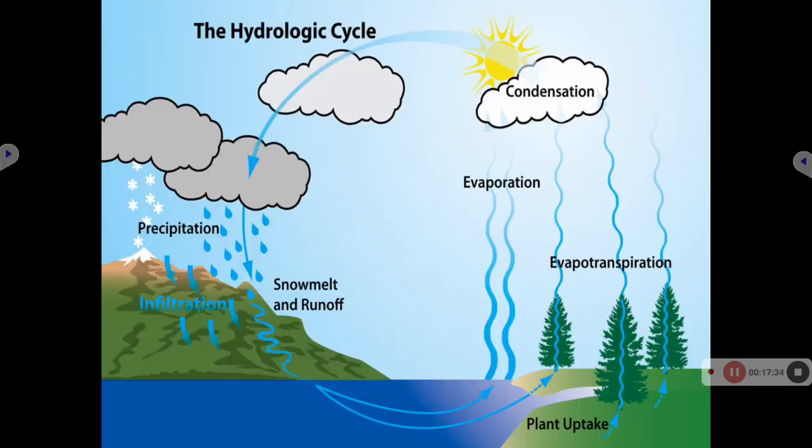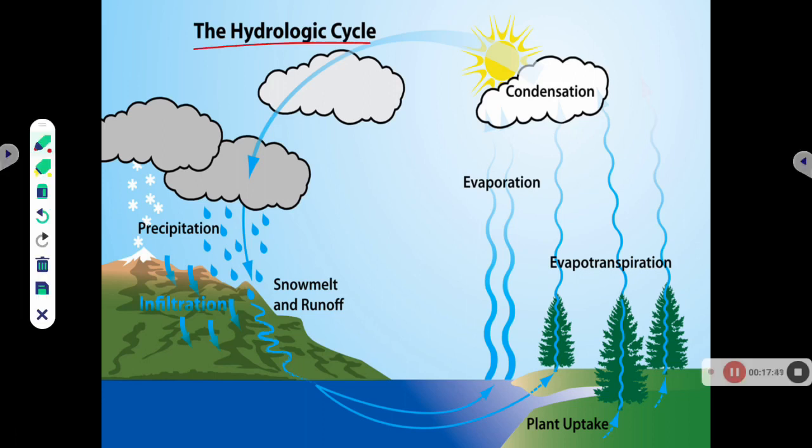Here I show the hydraulic cycle. The hydraulic cycle is nothing but the water cycle. In the cloud, condensation and precipitation occur. This precipitated rainwater reaches the ground. Due to infiltration, the water reaches the lake or river.